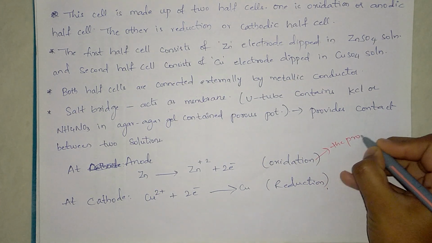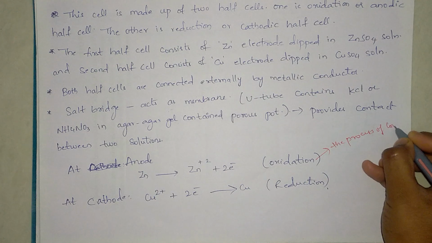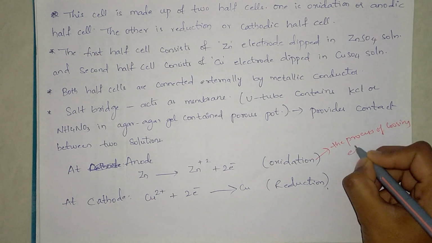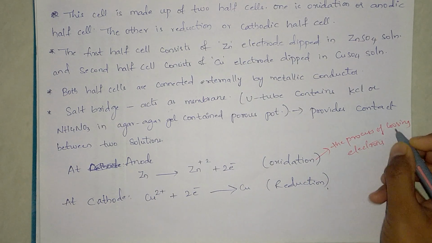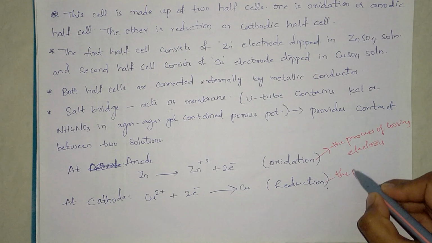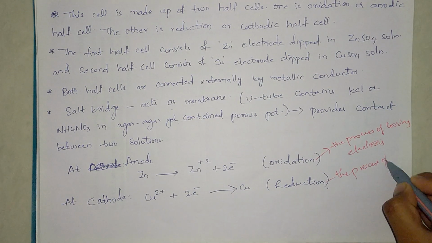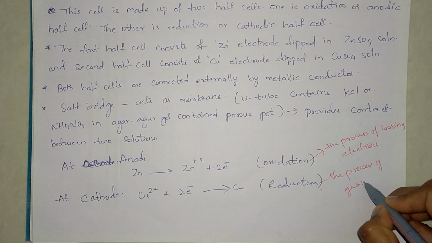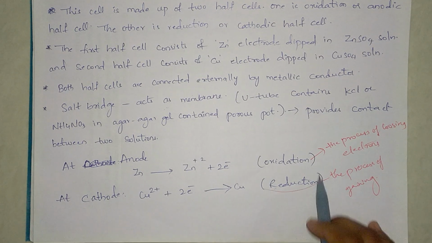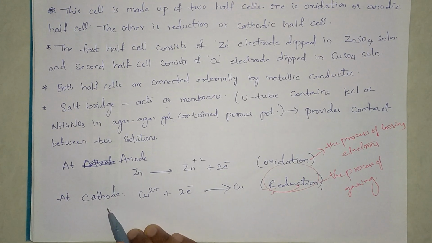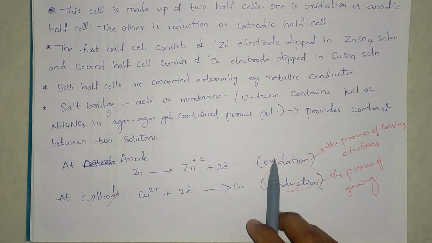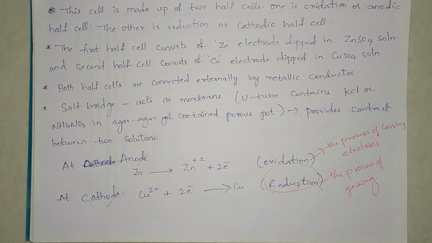The process of losing electrons is called oxidation, and the process of gaining electrons is known as reduction.